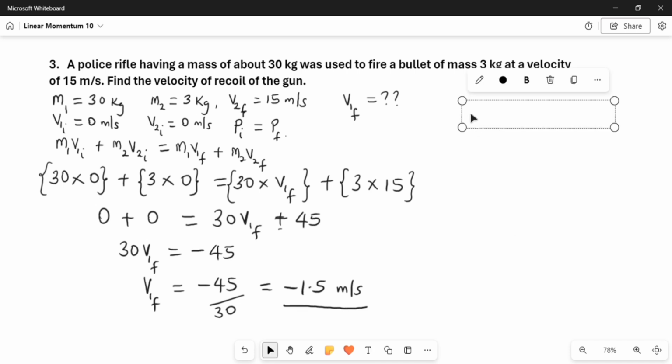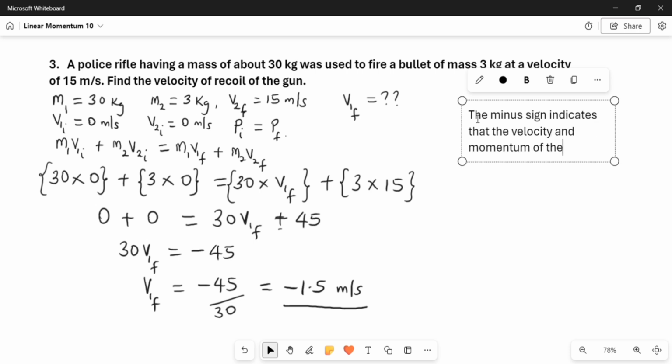So I'll say that the minus sign indicates that the velocity and momentum of the rifle are in the opposite direction of the bullet.